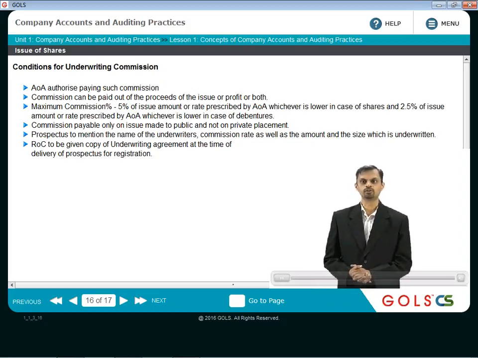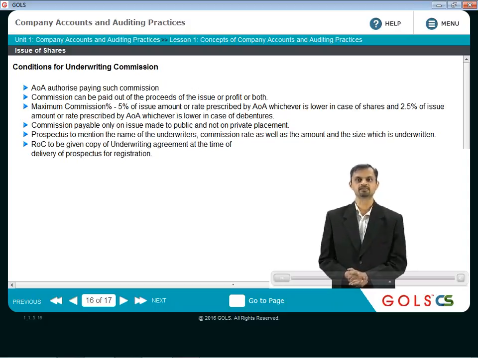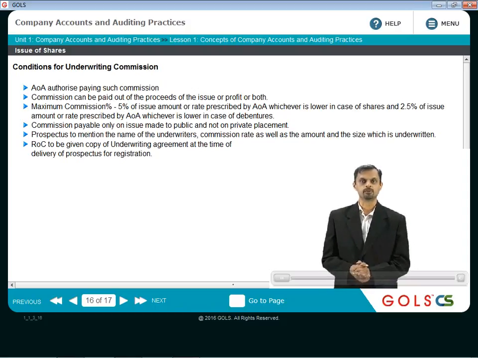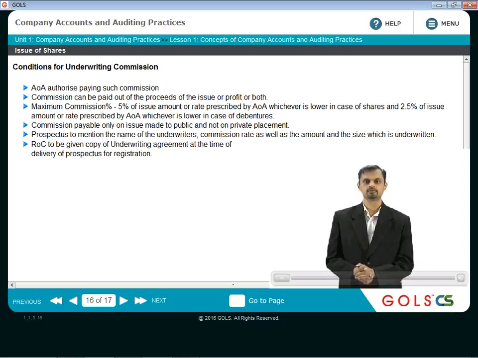Commission payable only on issue made to the public and not on private placement. So on private placement of shares, there is no underwriting commission applicable. Prospectus to mention the name of the underwriters with whom the agreement is made, commission rate as well as the amount and the size which is underwritten.